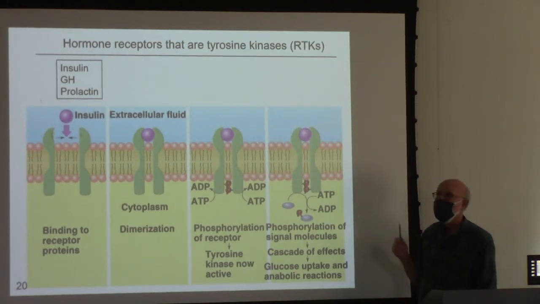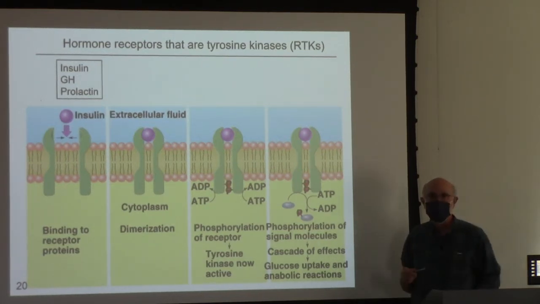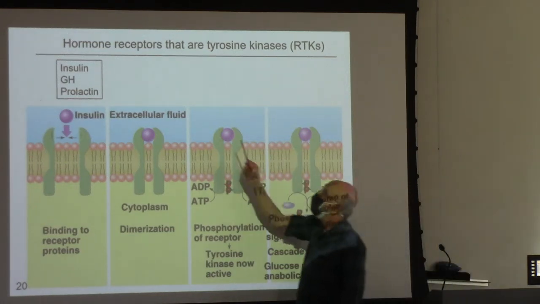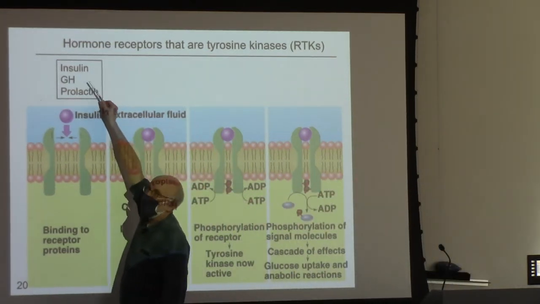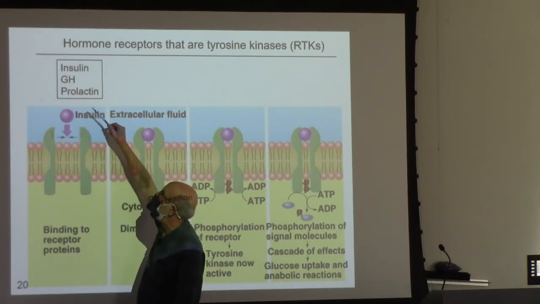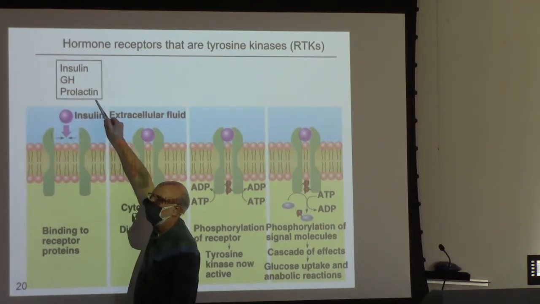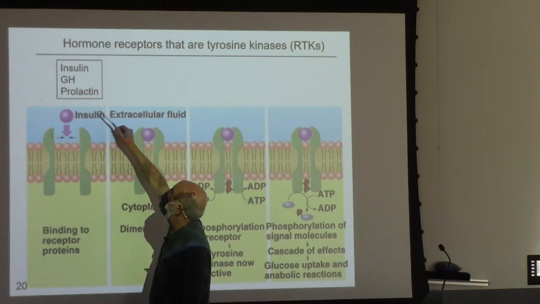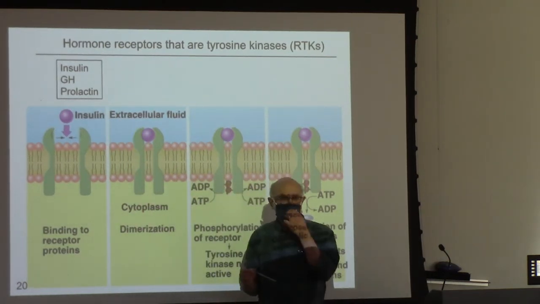If you memorize those three, then I could ask you to tell me the story. So insulin, growth hormone, and prolactin, and we'll talk about their effects more on Wednesday, all interact with receptor tyrosine kinases.